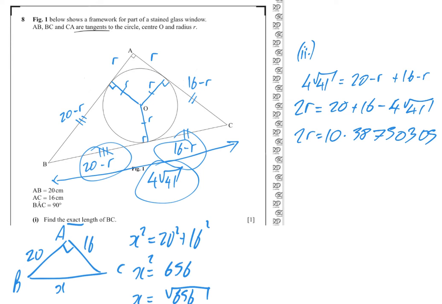Divided by 2, I got an exact value for my r is equal to 18 minus 2 root 41, and press SD. Hopefully it is what we want, and it is 5.19 centimeters, and that was two decimal places as required.